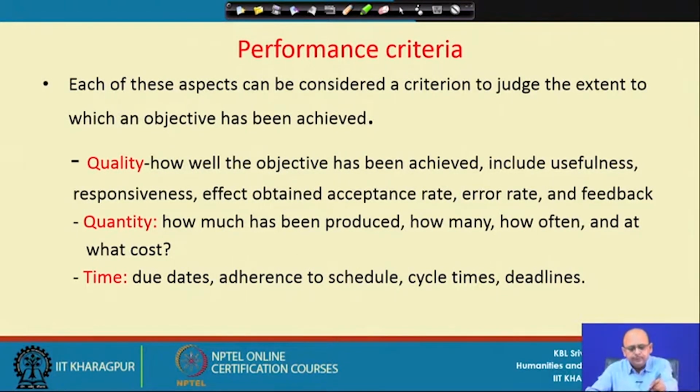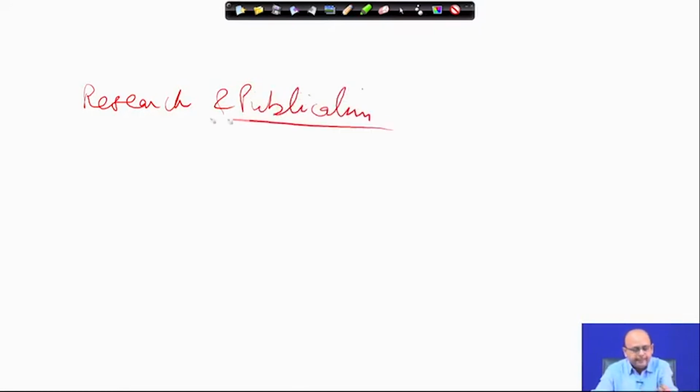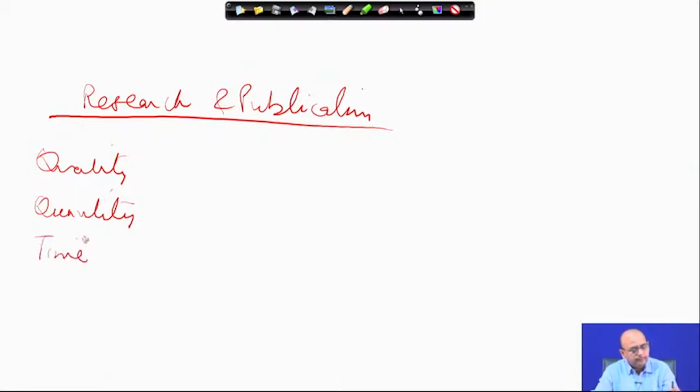For example, say the objectives are related to research and publications, and you have three criteria related to performance, that is quality, quantity and time, right. These are the three criteria against which you are going to publish, and you have a specific objective that is identified.